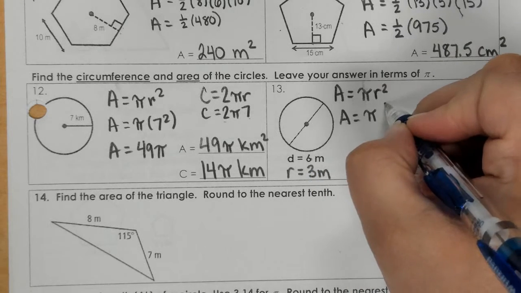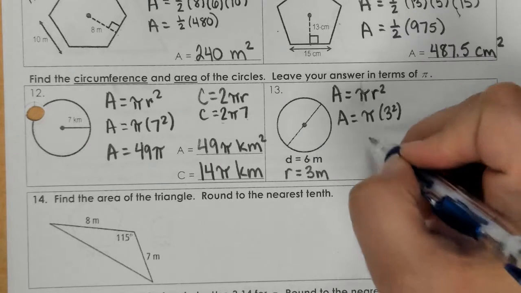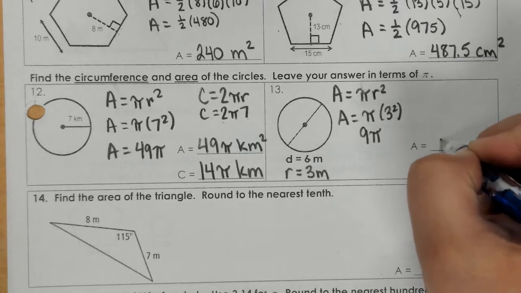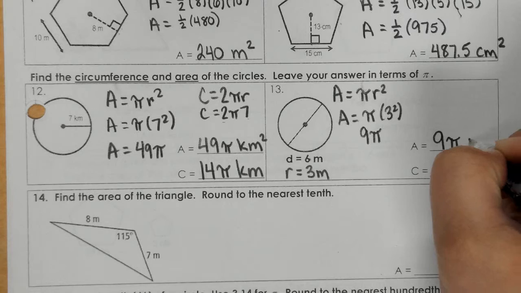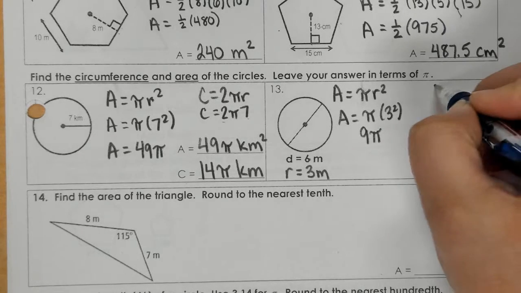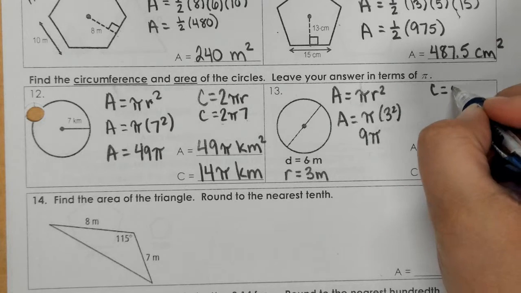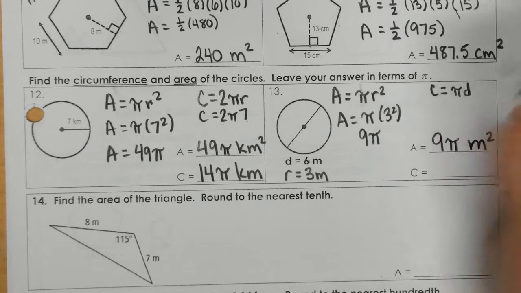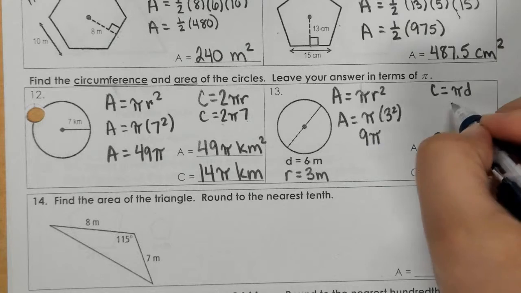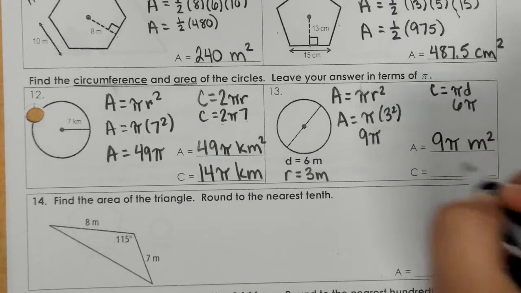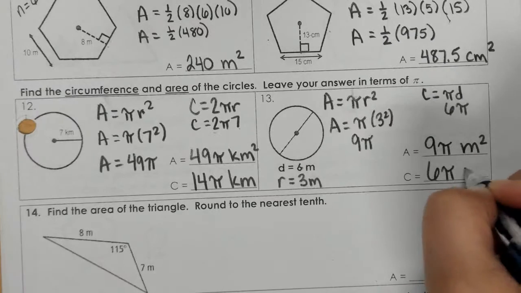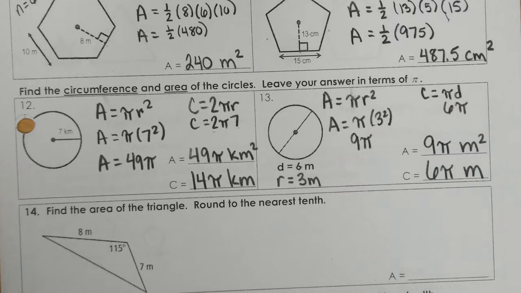The radius is 3, so 3 squared, so 9 pi. Circumference, I'm going to use pi d because I have the diameter, so just going to be 6 pi. And that would just be meters.